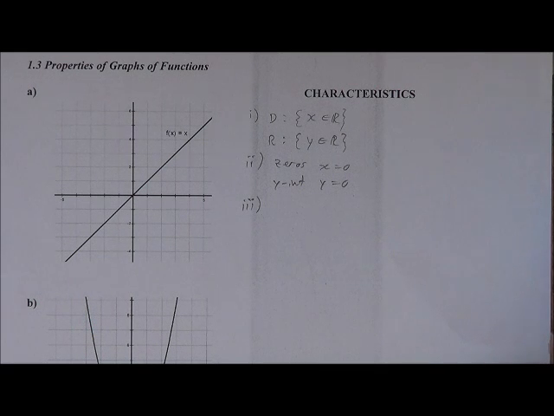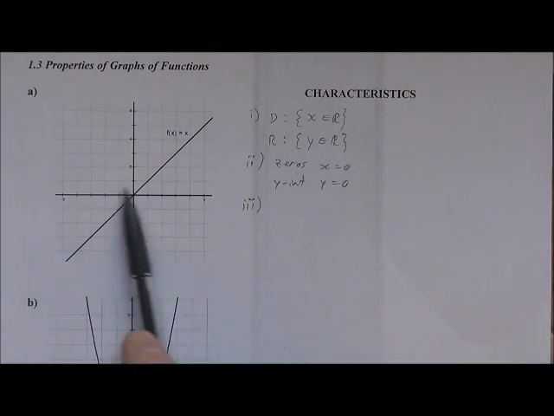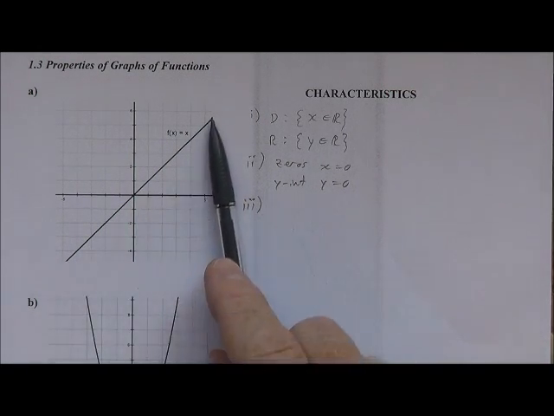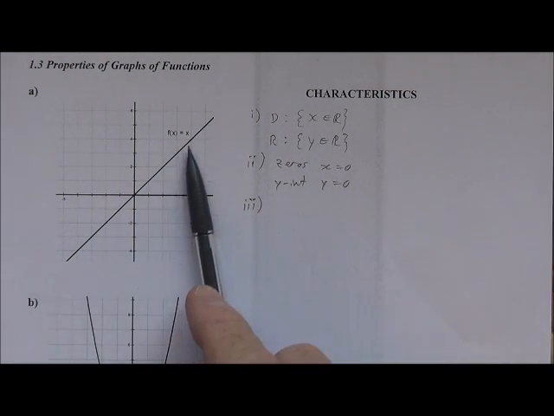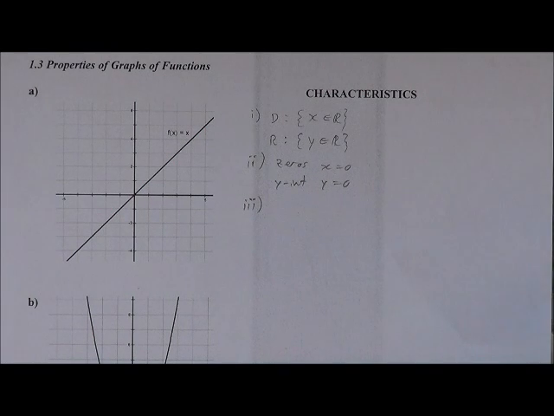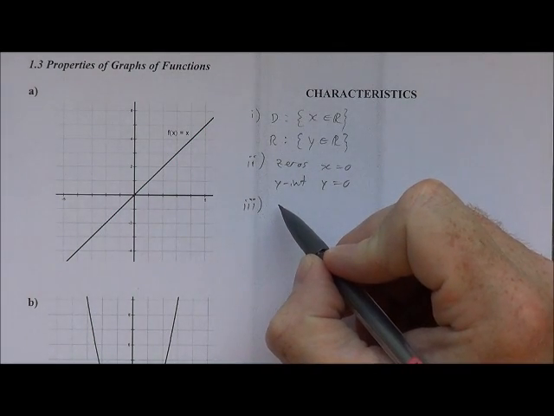Intervals of increase and decrease. What we look at when we're looking for that is we take a look at the graph and we go to the leftmost point of the graph, and as we go across from left to right of the graph itself, not the grid, but the graph itself, we see in this case it's increasing.